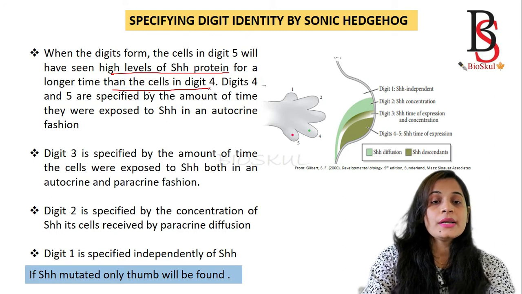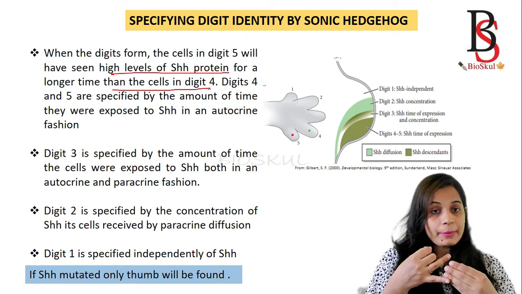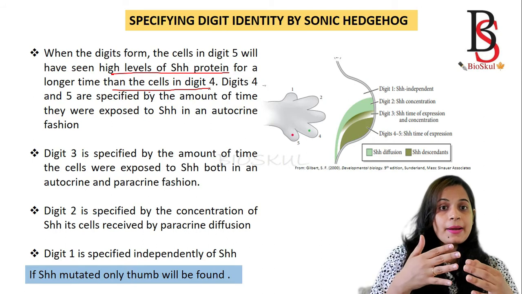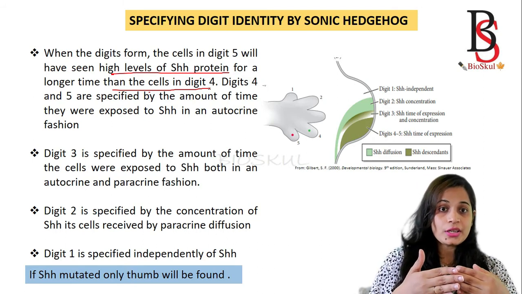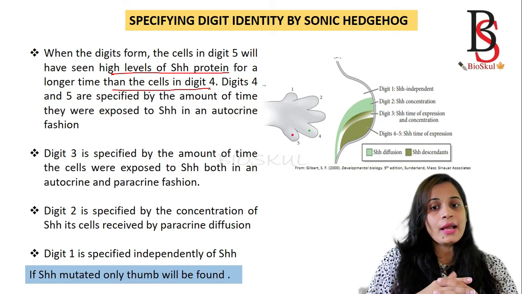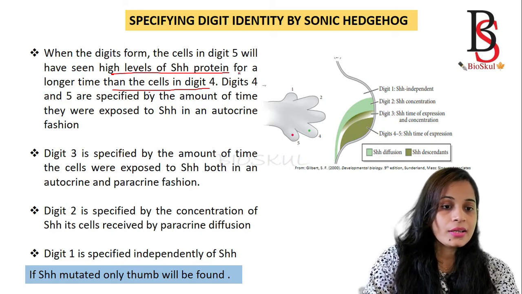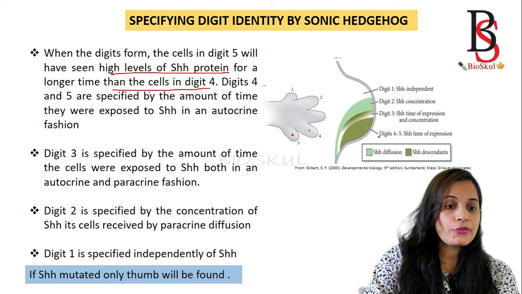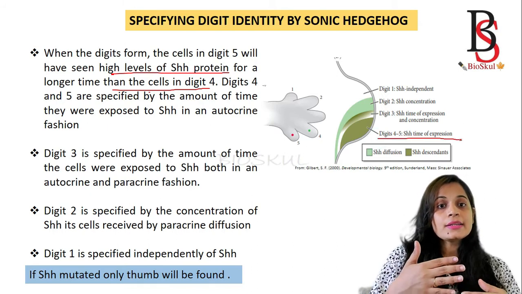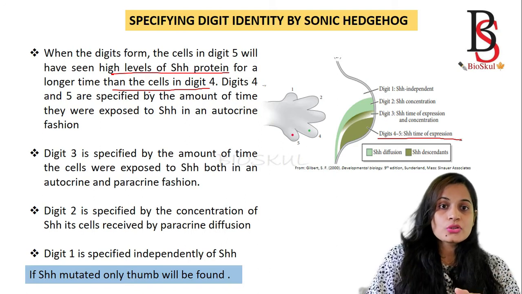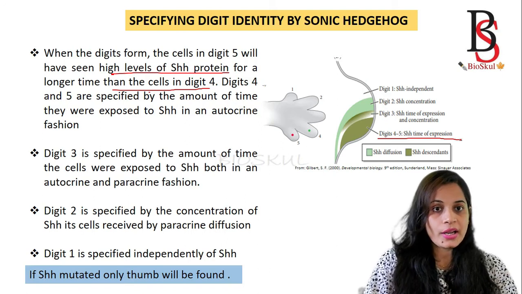Digit 4 or digit 5 is specified by the amount of time they are exposed to sonic hedgehog protein in an autocrine fashion. So whether it is digit 4 or digit 5 is determined by the time of exposure to the sonic hedgehog protein in an autocrine fashion.